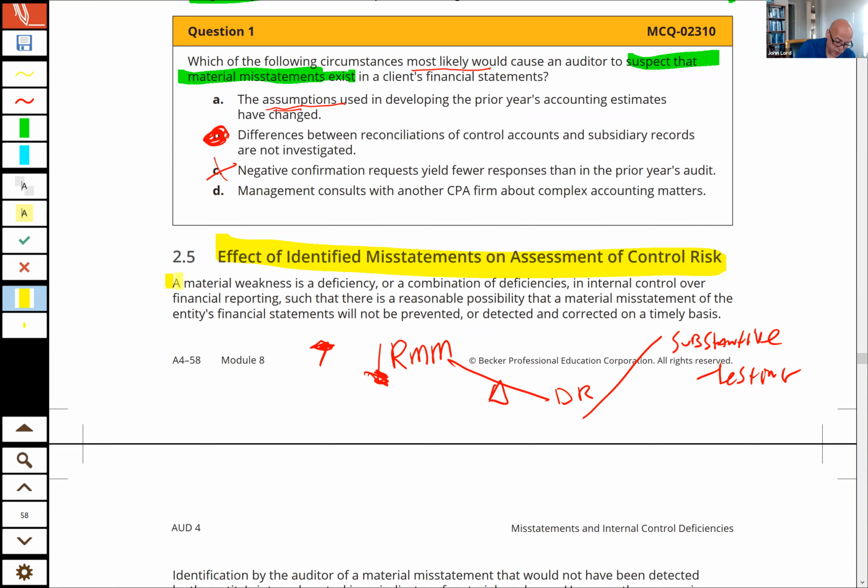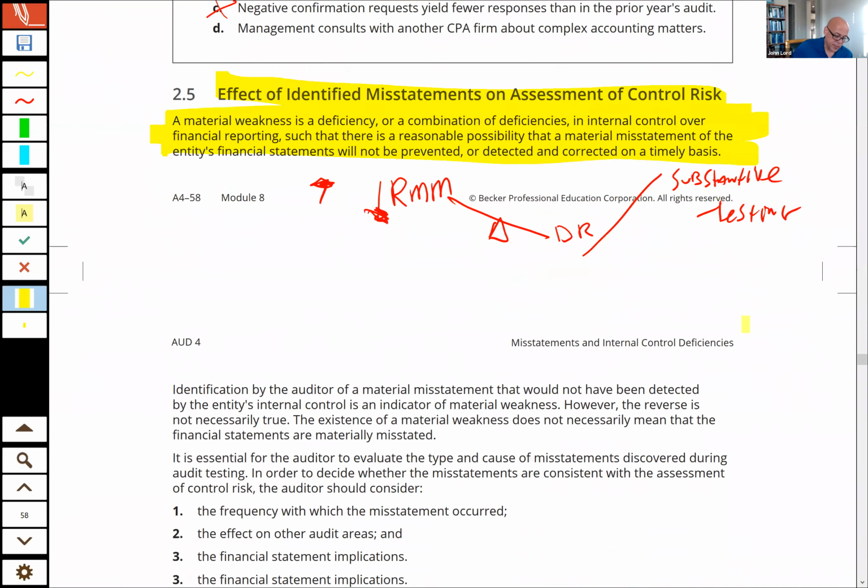Okay, so material weakness is a deficiency over financial reporting such that there is a reasonable possibility that material misstatements will not be prevented, detected, or corrected on a timely basis. And if we discovered them through our audit procedures, that's absolutely been the case. And so what happens?